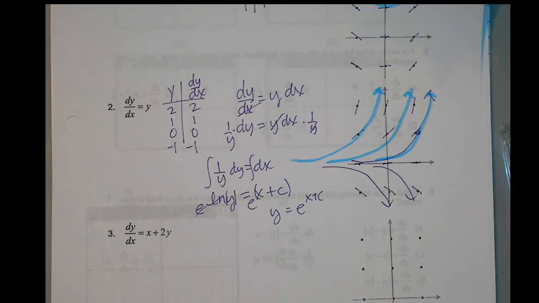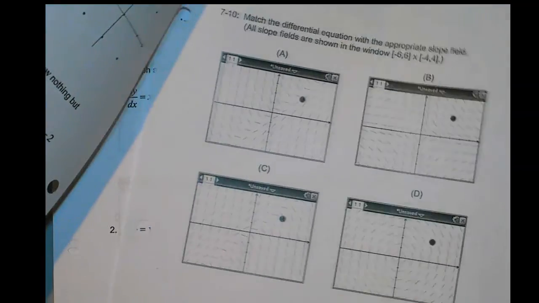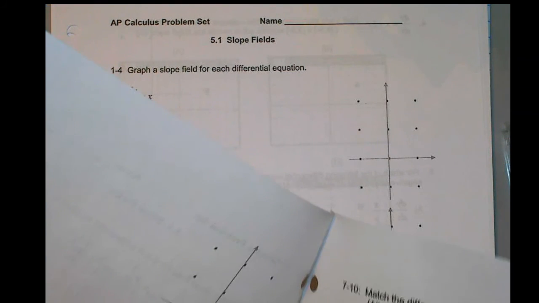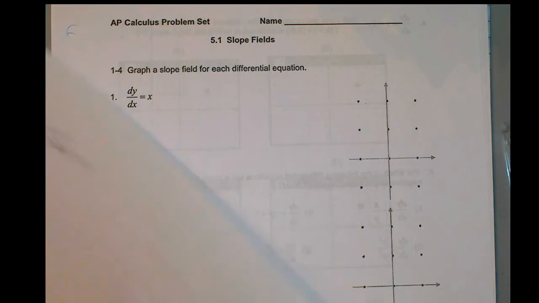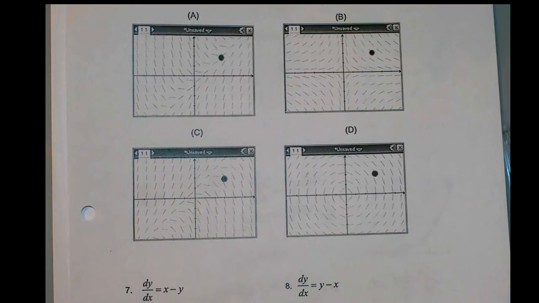Okay, so on this, because the slope fields are already here and it's convenient, work on 3 and 4 and think about what it means to be 5 and 6. And then you'll have to match on the last page. They're already here for you.